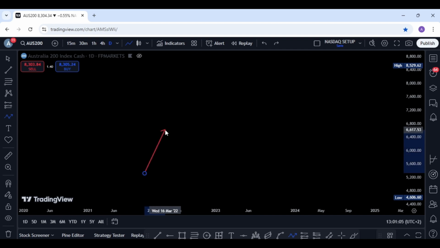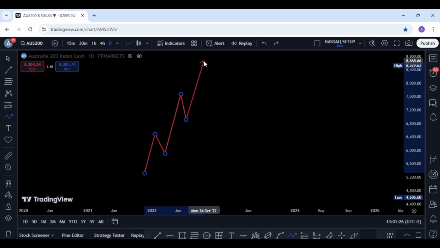The stock price, the first dot that's blue, was $50 and it rose to $60 and it dipped to 55, went to 70, dipped to 65. You see what I'm going with.